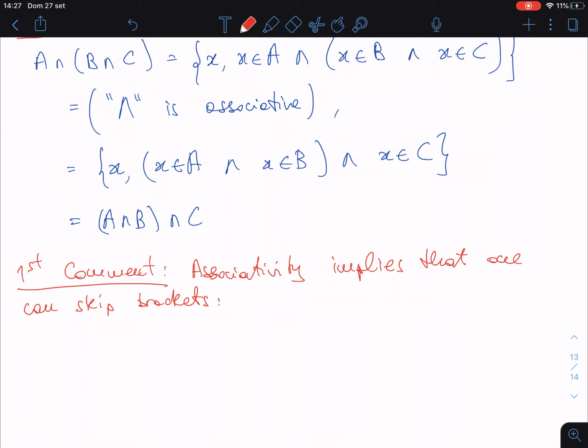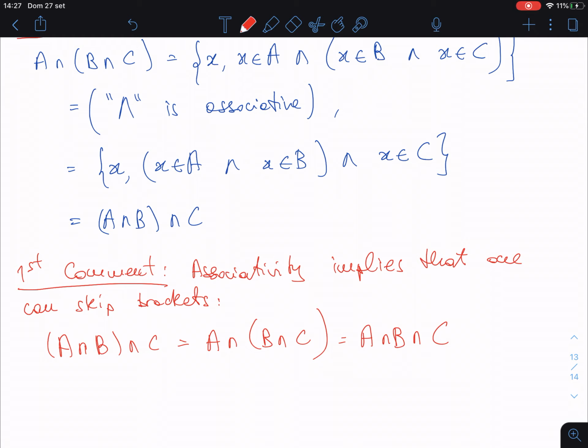So we have A intersection B before and then intersection C is equal to A intersection B intersection C. The parentheses can be skipped because they are there for nothing, so you can directly write down A intersection B intersection C.